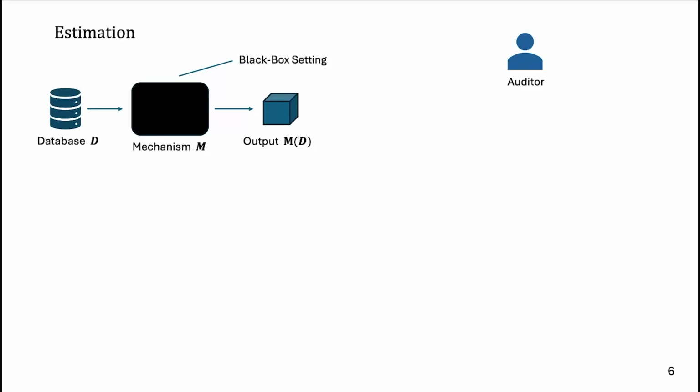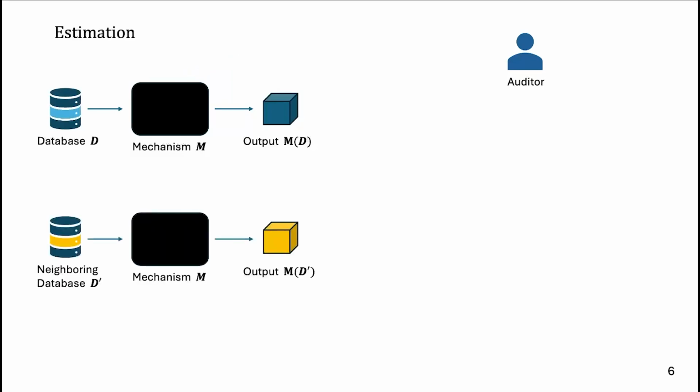We have an auditor that is tasked with estimating the privacy parameter or trade-off function of this mechanism M. And to do so, we consider the same setting that we used to define f-differential privacy in the first place. So we choose a suitable neighboring database D dash. We run our mechanism repeatedly on these neighboring databases to produce output samples x1 to xn and y1 to yn, which correspond to the outputs M of D and M of D dash respectively.